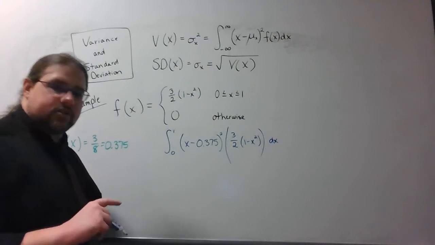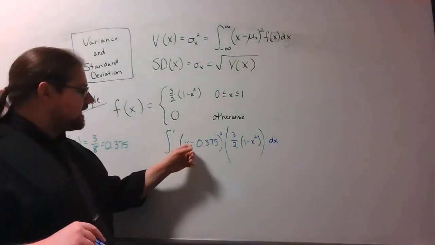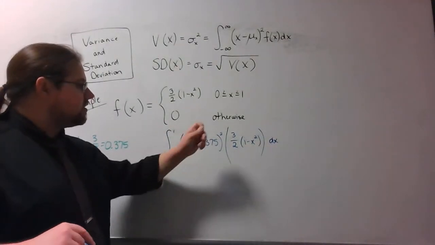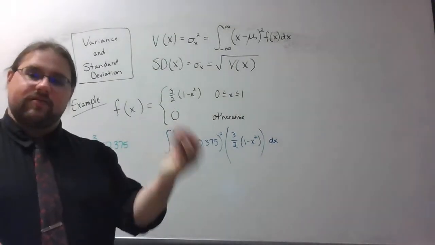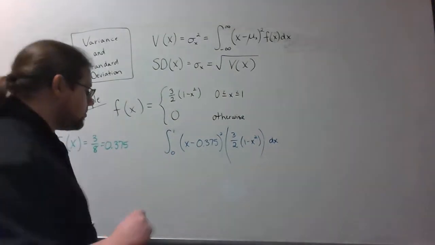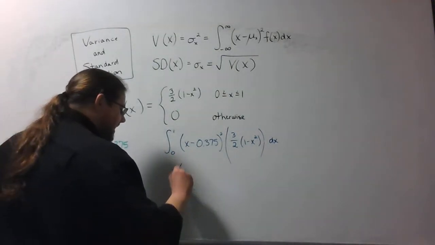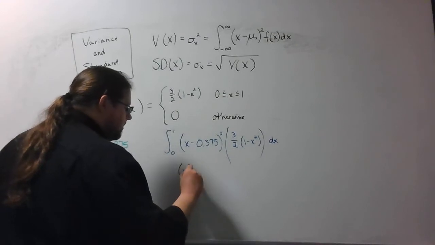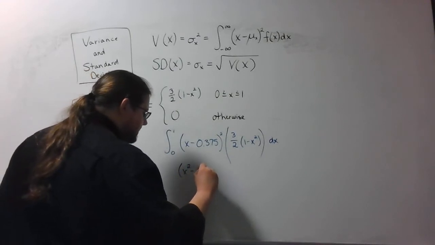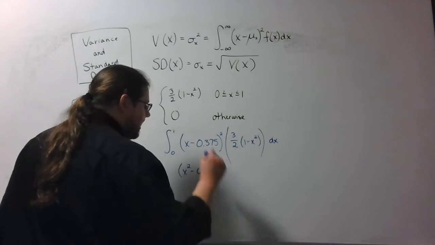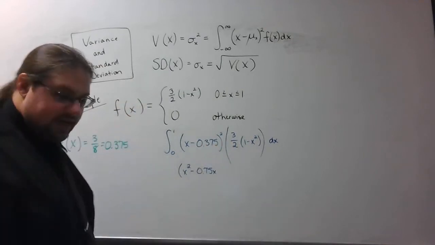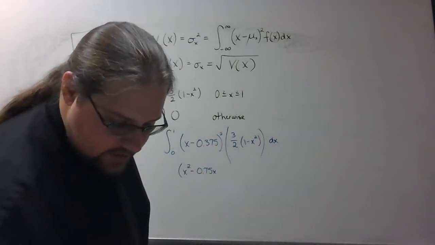Now, hopefully one thing you were paying attention to is x minus 0.375 squared. So what I'm going to do is I'm going to go ahead and FOIL that out and try to get the answer. So if I do just simple math in my head, I'm going to do x squared minus 0.75x. And I don't know, that should be 9 over 64. What is 9 over 64?